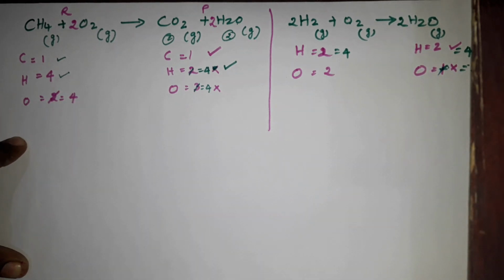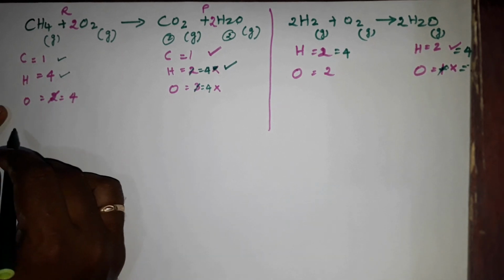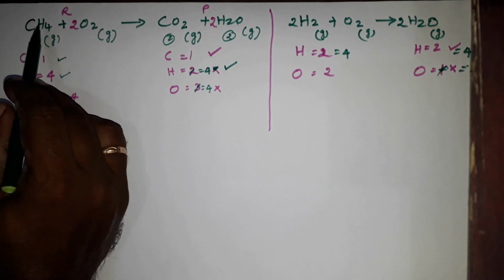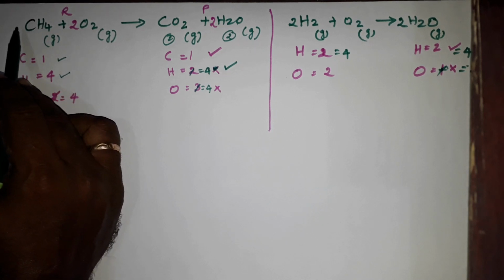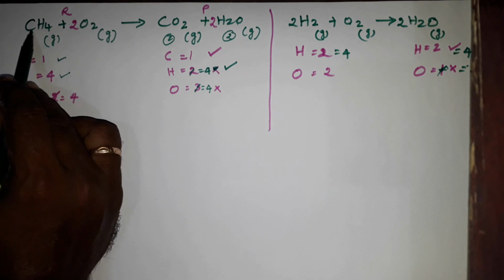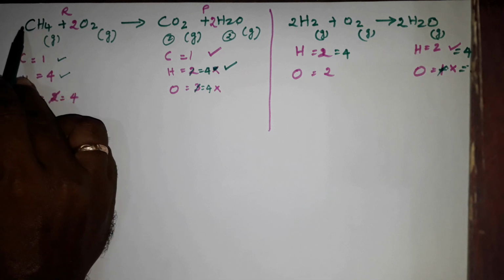So first step before doing the calculation, you must balance the chemical equation. That is very, very important in these stoichiometric calculations. Okay? Now, see, before the molecules, there will be number here 1. So in front of the CH4, only 1 is here.